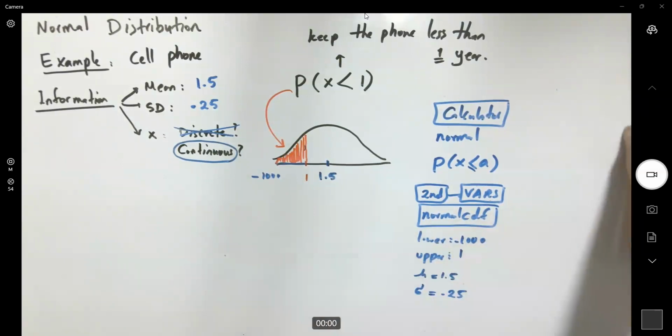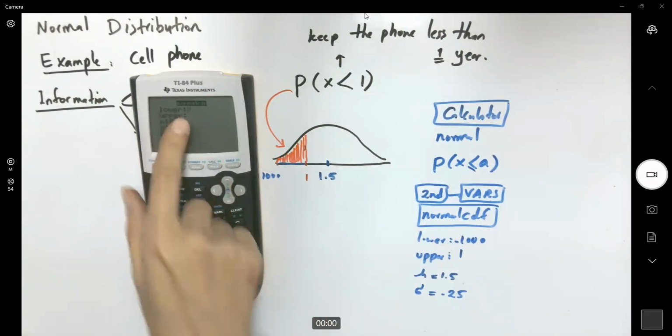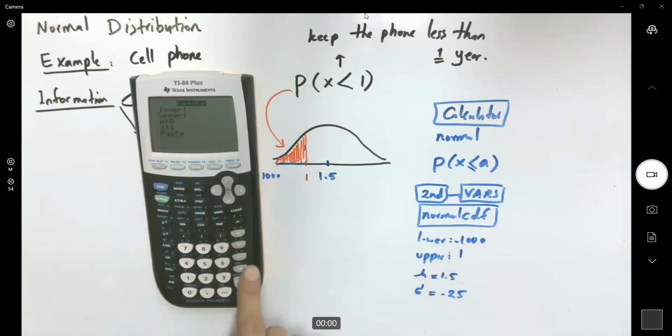Let's take a look at our calculator. This is my calculator. I have all the information. Let me turn on the calculator and let's go. Lower limit is negative. Guys, for negative, do not use subtraction. This is the negative sign. Negative 1,000 or negative 100. And upper limit is just 1.